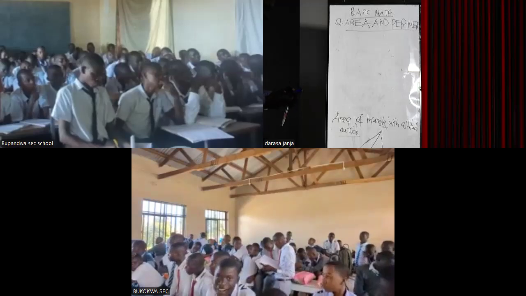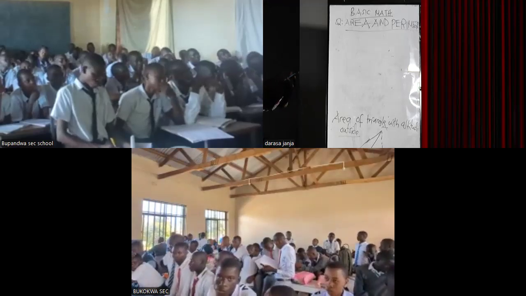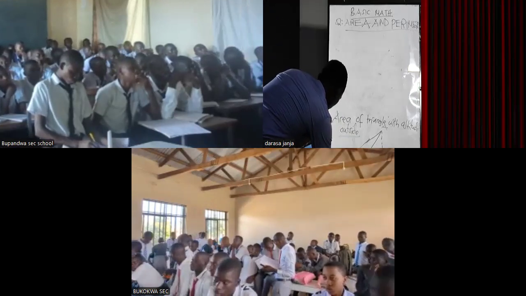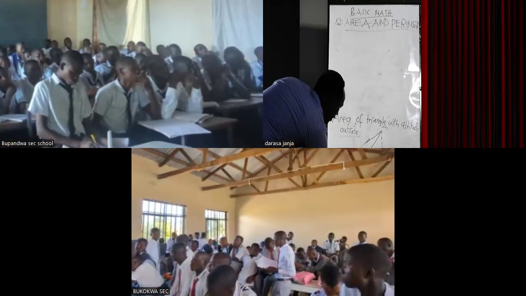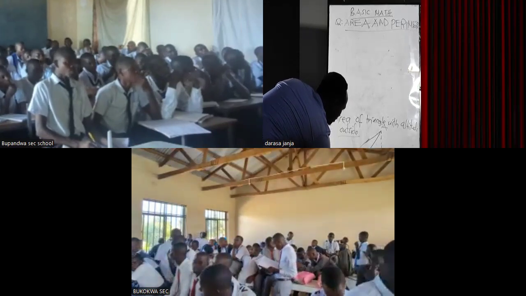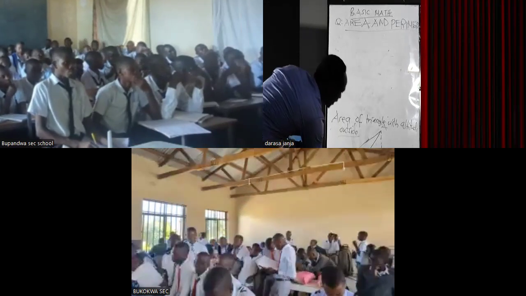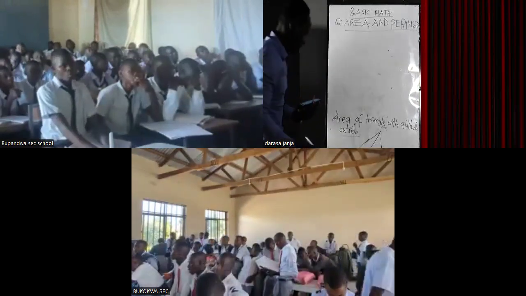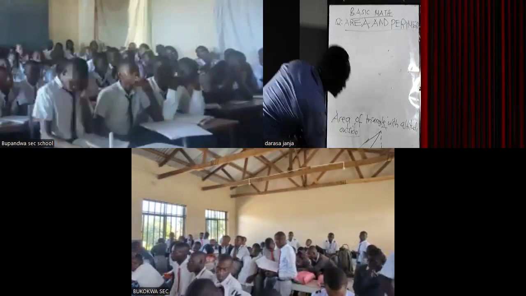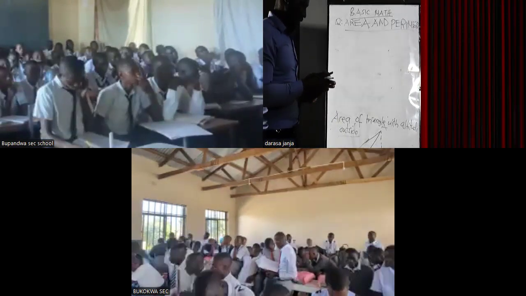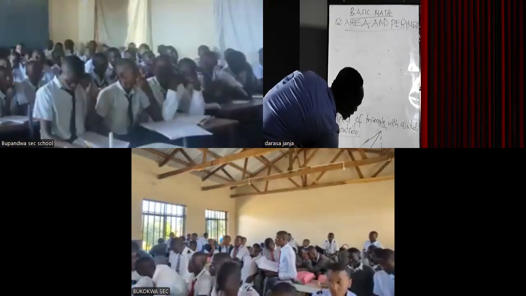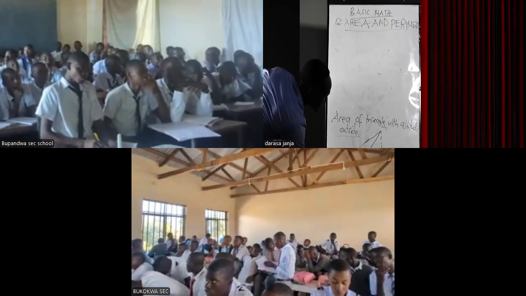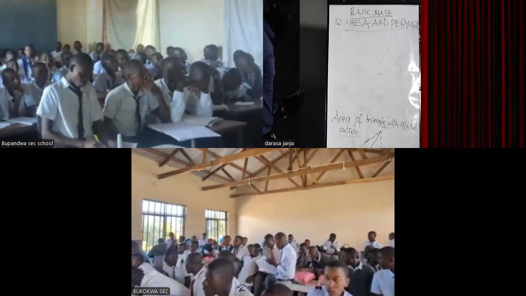How? Just writing and then I will explain it. You see? From here up to here, it is B, letter B. From here up to here, this is letter D. And from here up to here, letter E. Like that.